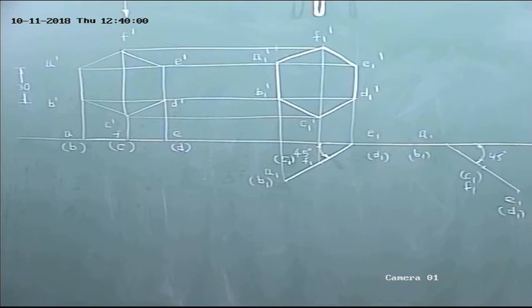Then and there, name the intersection points. To avoid confusion, then and there, name the intersection points as A1 dash, B1 dash. Otherwise, it will confuse you.